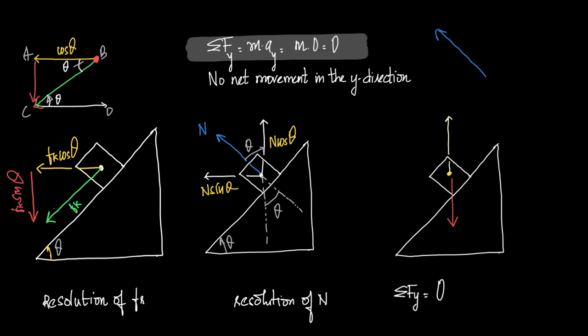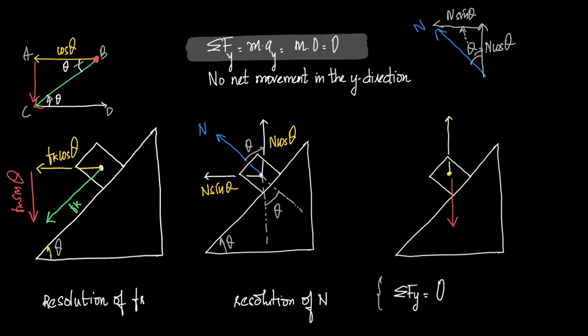This is the normal reaction here, acting like this, and it can be resolved into two components, the vertical component like this and the horizontal component like this, where this is theta. This component is the opposite component, so that will become n sin theta. This is the adjacent component, so that will become n cos theta. Simple.